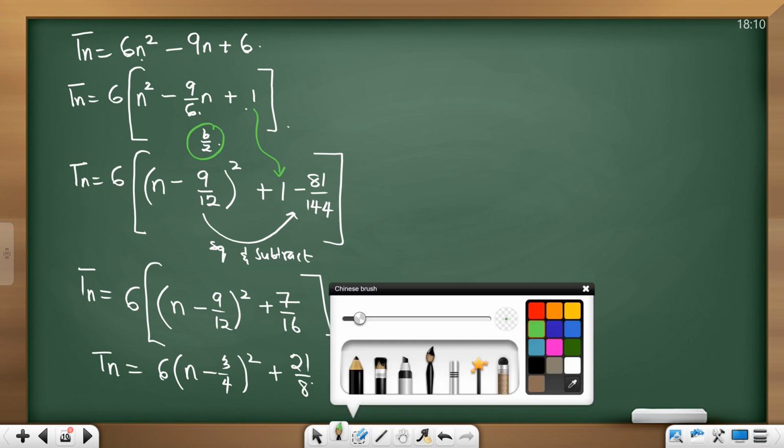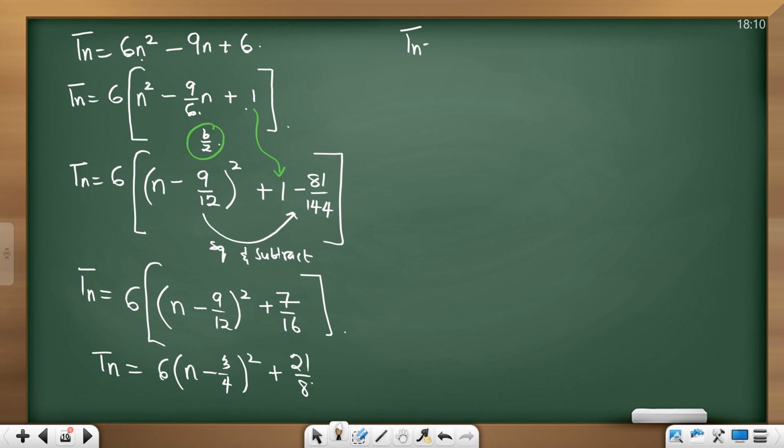Which tells me that, please listen, what does this mean? I have Tn as 6 into bracket n minus 3 over 4 squared, plus 21 over 8. This actually is my turning point. Now the sign and the value, those are my turning points. And mind you, a in this question is actually greater than what?